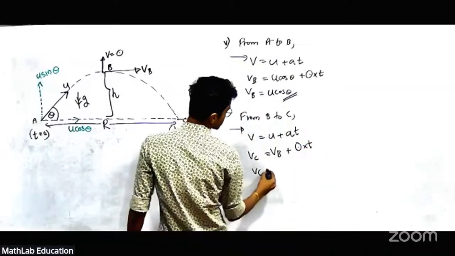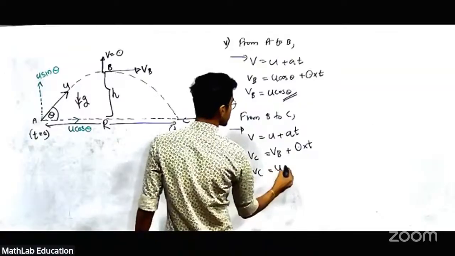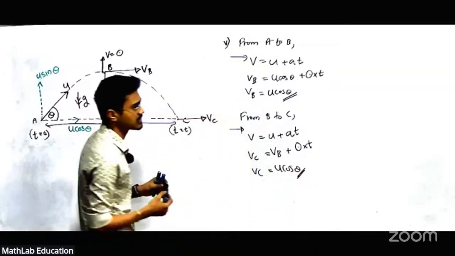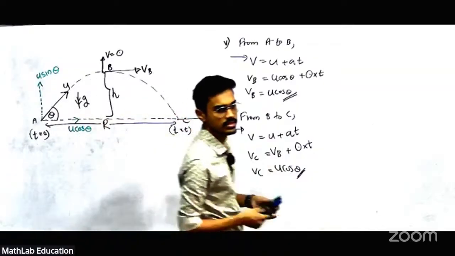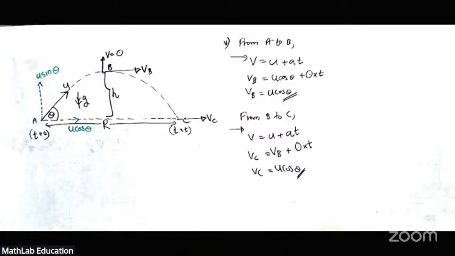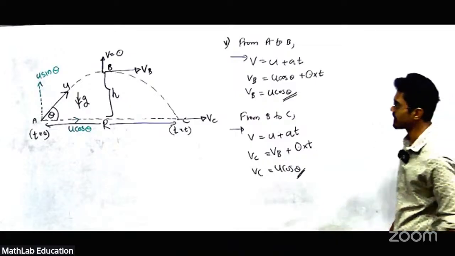VC equals VB, and VB is U cos theta. If needed, you can apply from A to C as well, as you prefer.